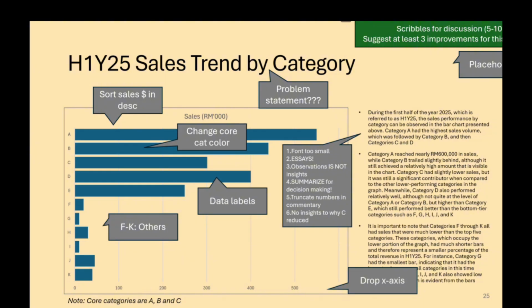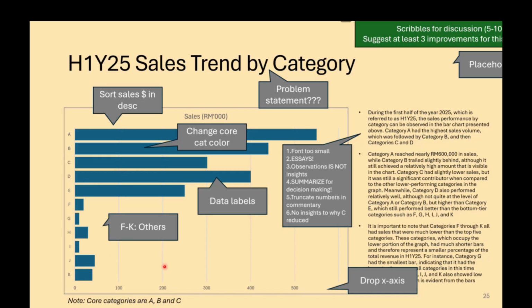These are big problems. This, I mean, in a note here, I am already saying that, hey, A, B, C are core categories. That's why Ang says maybe A, B, C we change to different color, right? We also need to explain why C dropped and why D is like suddenly higher, right?